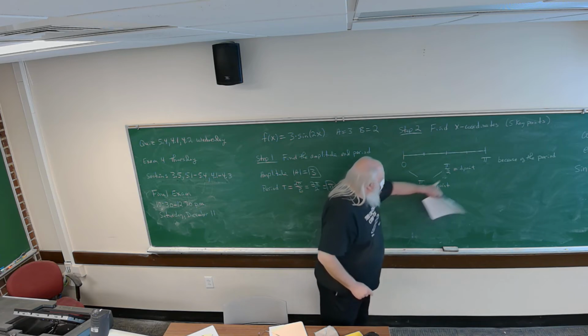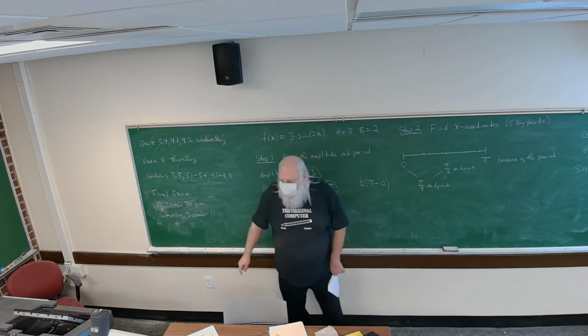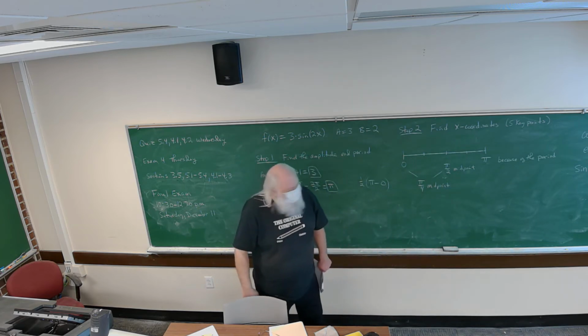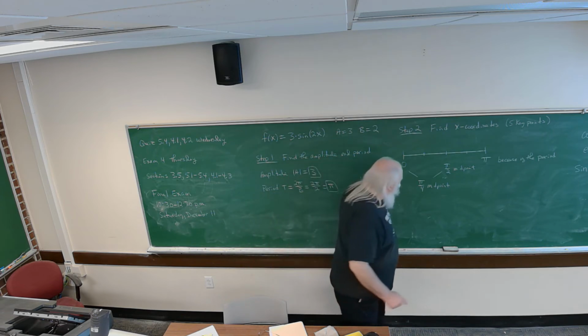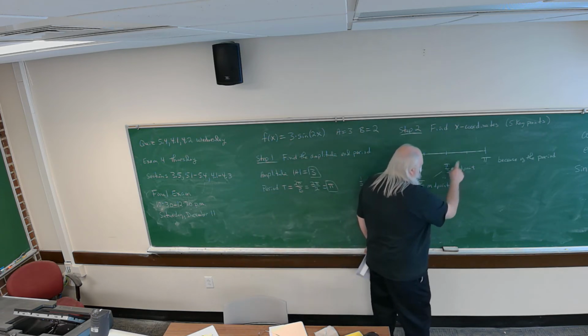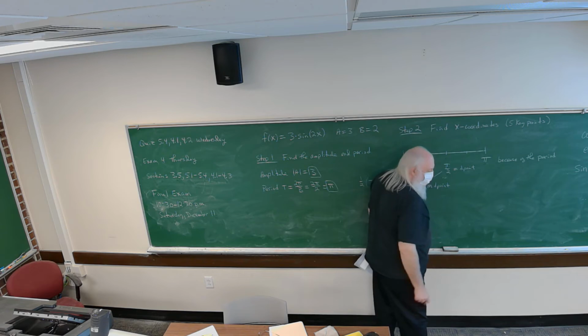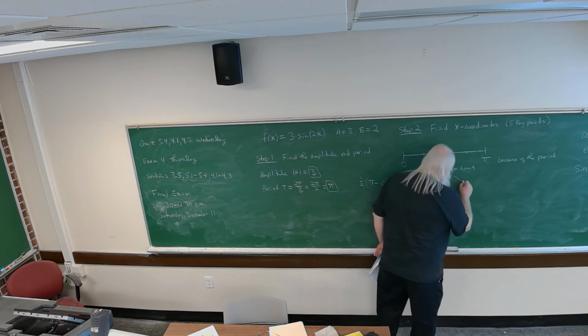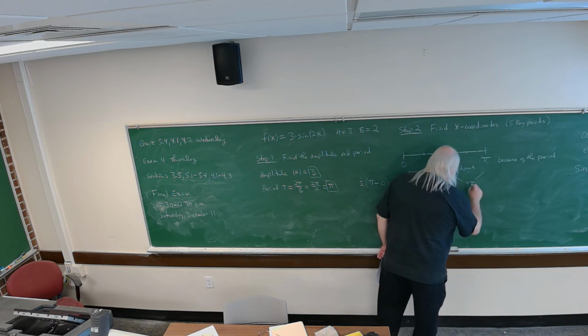So now we got 4 of the x coordinates. The hard part for some would be finding the midpoint between pi over 2 and pi. And the midpoint between pi over 2 and pi is 3 pi over 4.